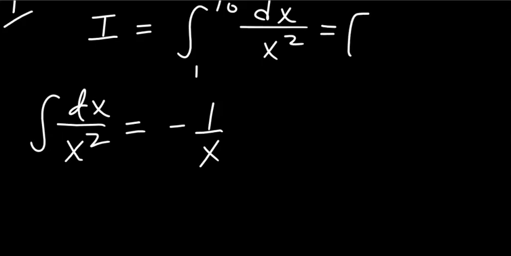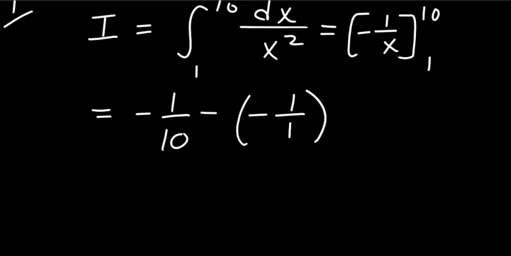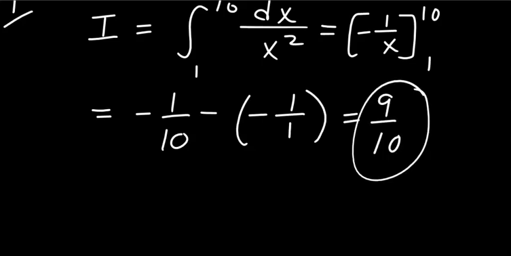So that integral can be written in the following manner. That is the result. Expanding on it, you get minus 1 over 10, the upper limit first, minus minus 1 over 1, then the lower limit, and you get 9 over 10. So that is the result.